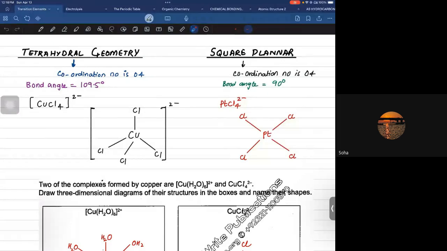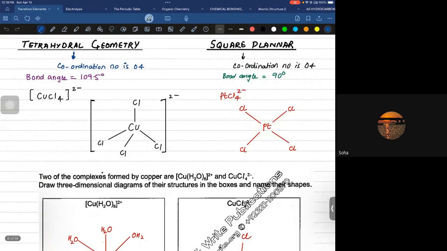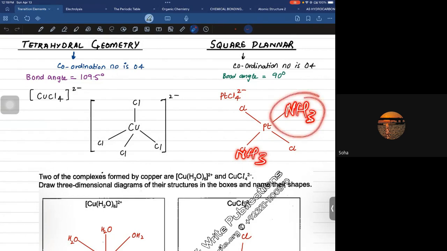This is called cisplatin. Like I have written the four chlorine atoms, it may be NH3 and NH3 rather than the four chlorine. If you can see this, you can say this is called cisplatin.